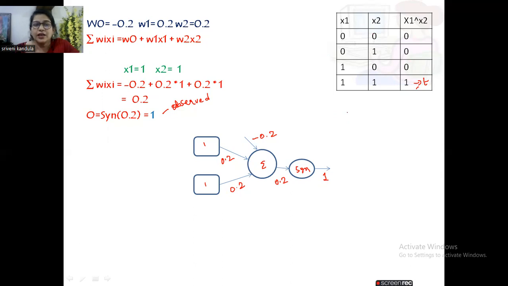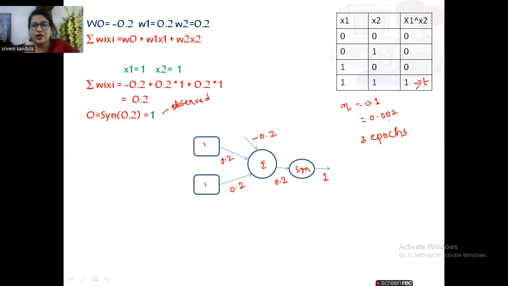In this example, I have taken a standard eta value of 0.1. Suppose you take a smaller value like 0.002, it will take a number of steps. Here we have just finished the process in just 3 epochs.